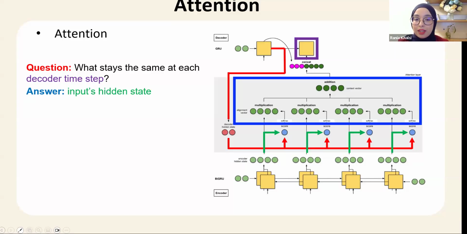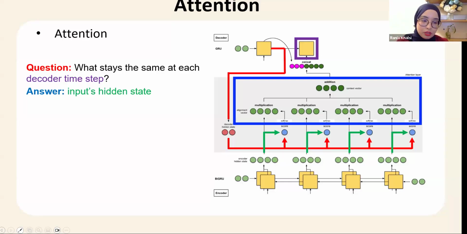It is the result we obtain from some RNN, some LSTM, or whatever technique we are using, and that is final. It is not changing at all. So the answer is that the input hidden state is unchangeable.